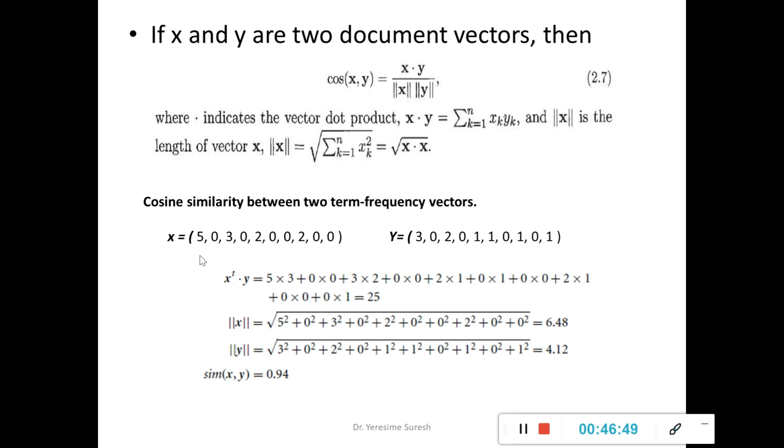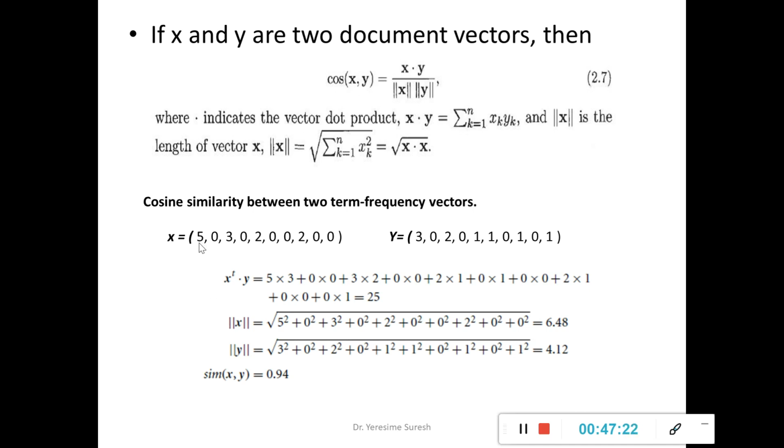Please look at these terms. x and y are nothing but text documents, and these are the frequencies of words appearing in both documents x and y. As I said, the formula for cosine similarity, finding the similarity between two documents x and y, is the dot product of the two documents divided by the product of the length of vector x and the length of vector y. So first we will find the dot product between the two documents. How?